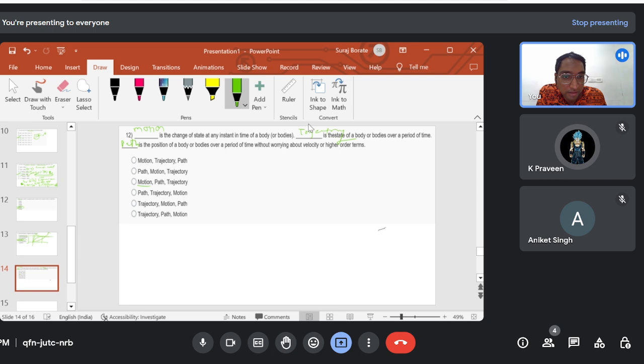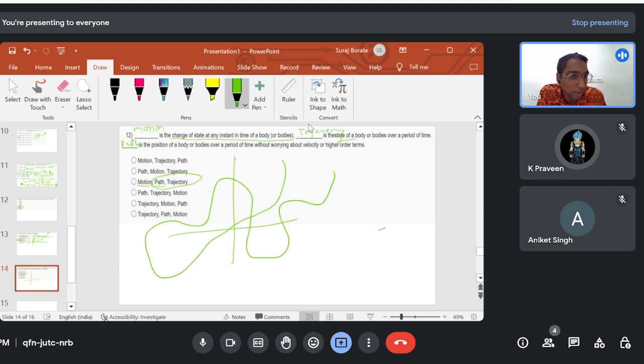The idea is that the first is very easy. Change of state is motion, but path and trajectory differ: path means there is no temporal information, no time information. You travel some path, and this path can be traveled in 5 days or 1 day or 1 minute. It doesn't matter. Path is a path. It is some curve of x and y or z coordinate.